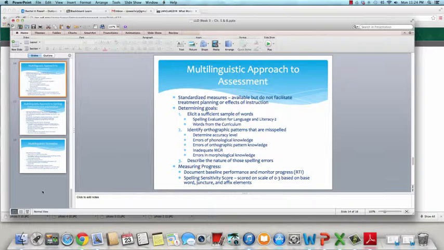Omitted elements are scored as 0, elements misspelled illegally are given 1 point, elements misspelled legally are given 2 points, and completely correct spelling elements are given 3 points. Then you can use that to calculate what their score is and go from there.